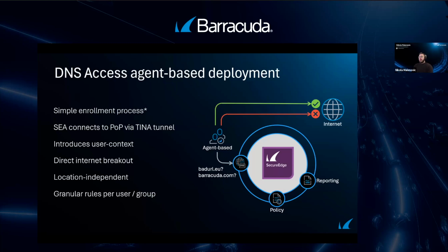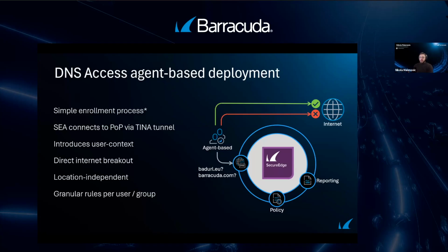How it works then is that the agent connects to our PoP, our point of presence, via TINA tunnel, and sends DNS requests through this tunnel to the DNS server that is running in our PoP infrastructure.